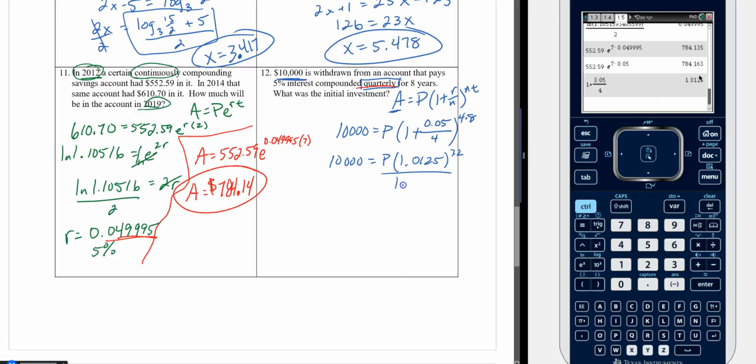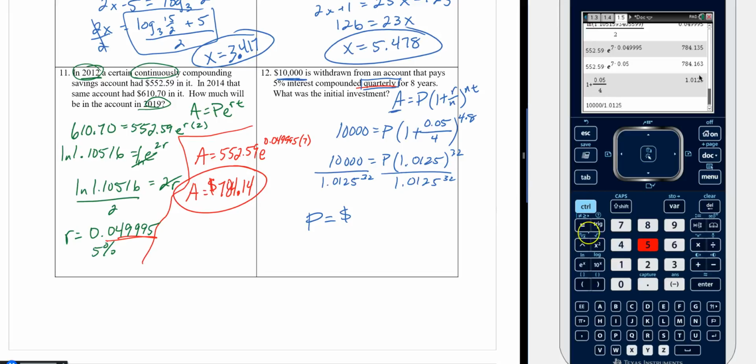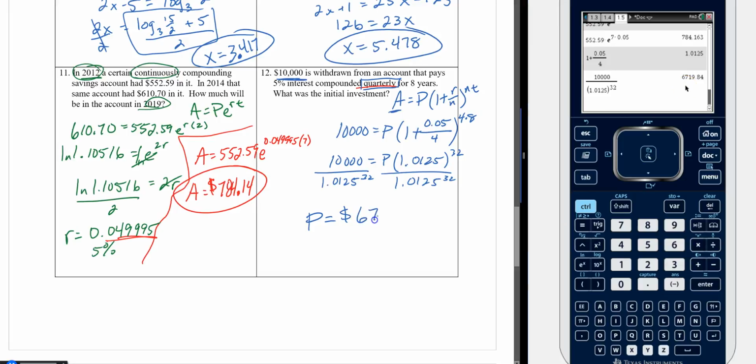So I'm going to divide by 1.0125 to the 32nd. So P is going to give me my initial investment, which is 10,000 divided by 1.0125 to the 32nd. And we get $6,719.84.